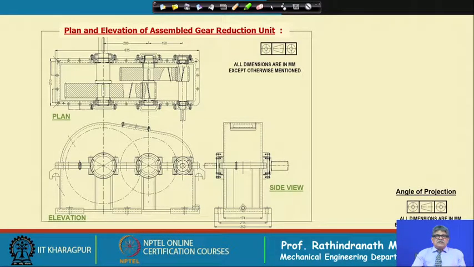Now, this is the total view of the gearbox. It is not fully completed, but still you can find that in the top left hand corner is the plan view, and bottom left hand is the elevation, and bottom right hand side is the side view.